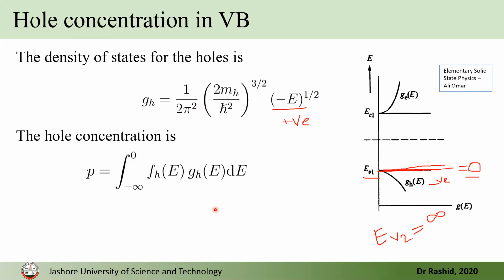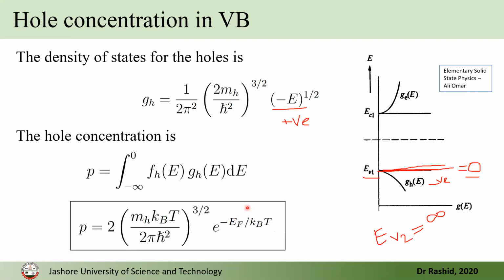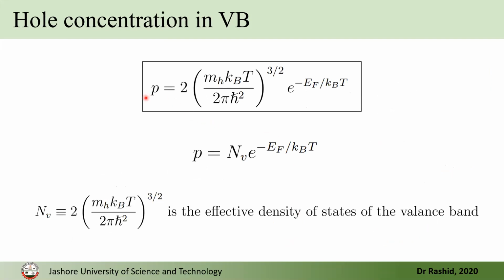So we can do the calculation the same as we did previously for electrons, and we have this expression. So we have the hole concentration. We can write it also like this, where NV is the effective density of states of the valence band.